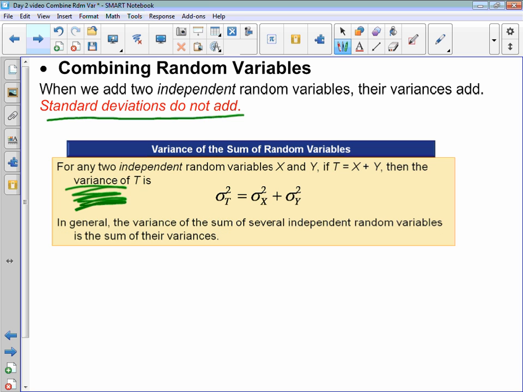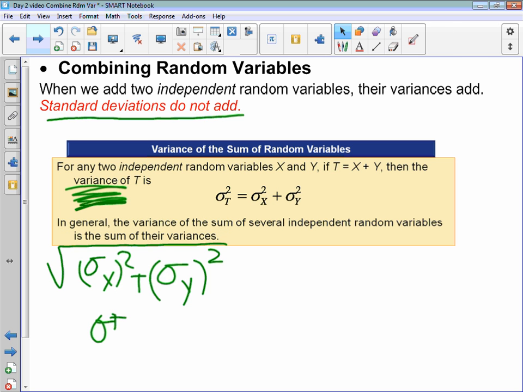So if we have the standard deviation of x and we were given the standard deviation of y, and we wanted to find the standard deviation of t, we would have to square x, square y, and then take the square root of the sum. So it's the sum of the variances. The variance of t will be the sum of the variances of x and y.